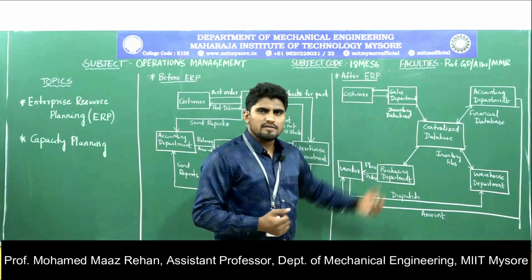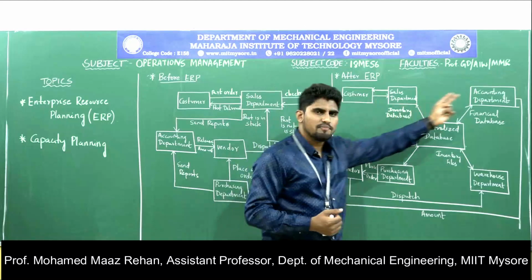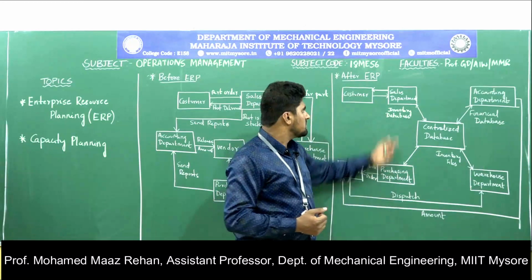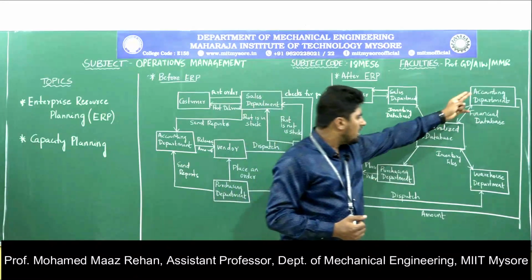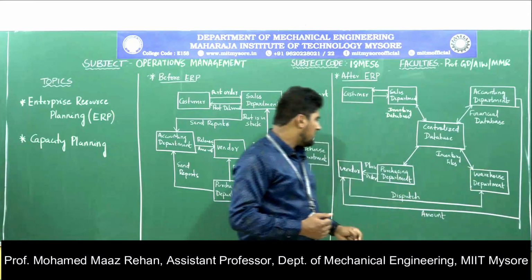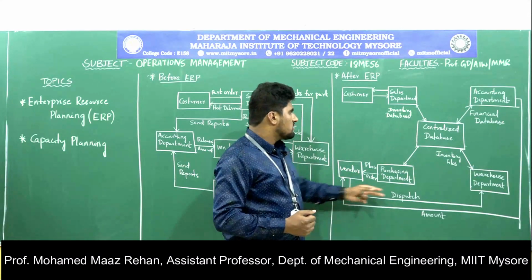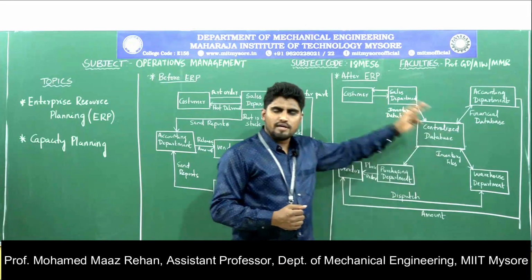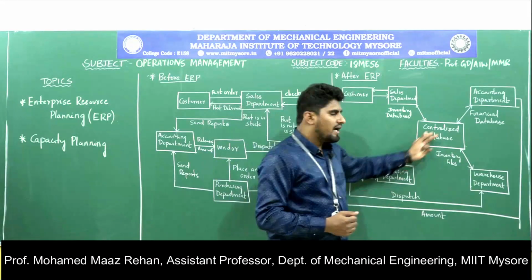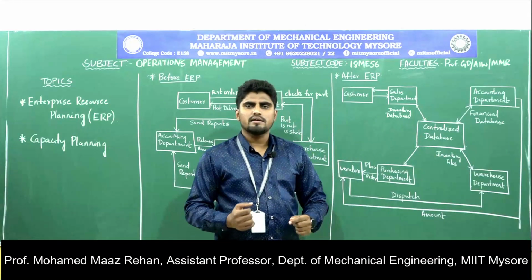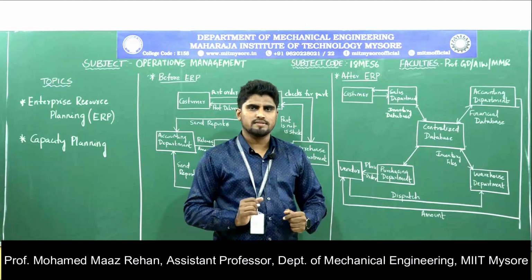In an enterprise resource planning system, we have various departments, such as the sales department, accounting department, warehouse department, and purchasing department. Every department has access to the centralized database.